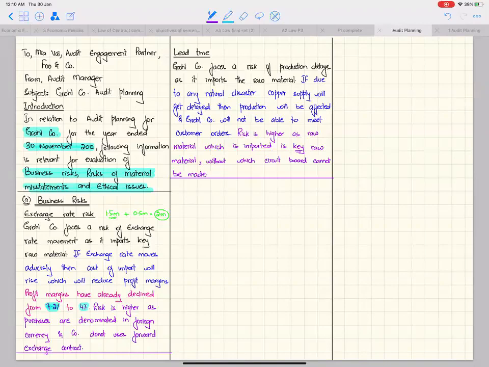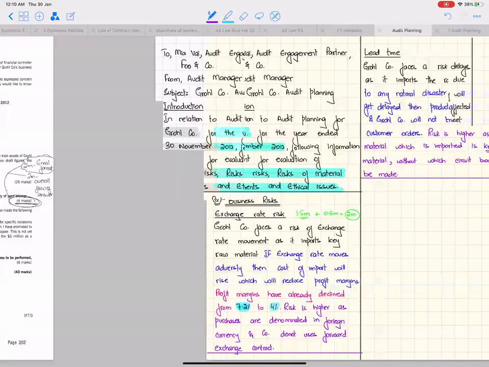Are you getting the point? So you need to understand the approach, how I'm writing the risk, how I'm developing my point: identify, impact, and an evaluative comment.